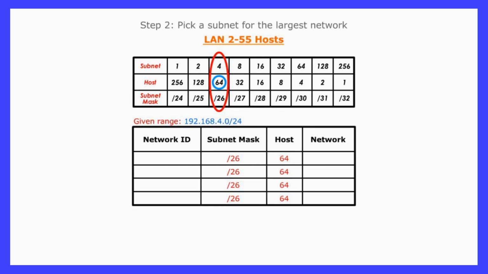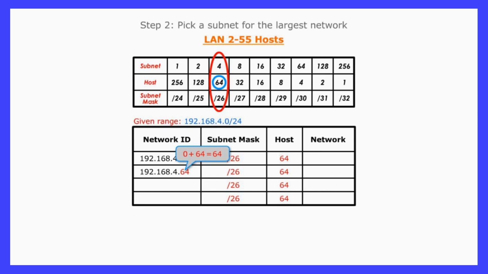The first network ID is always the original given ID, which is 192.168.4.0. The second network ID is 192.168.4.64. The first three octets remain the same, and only the fourth octet changes.